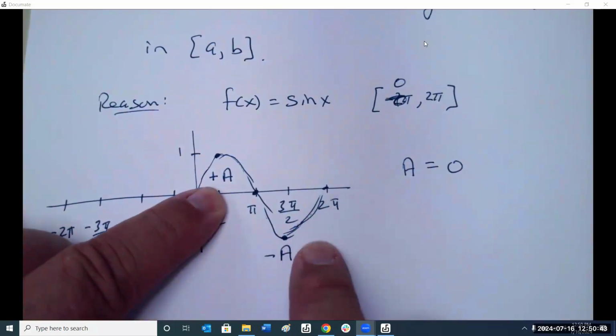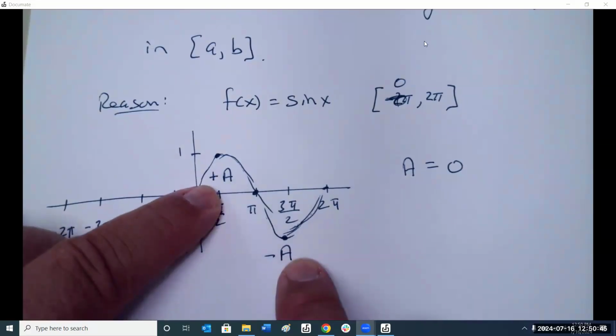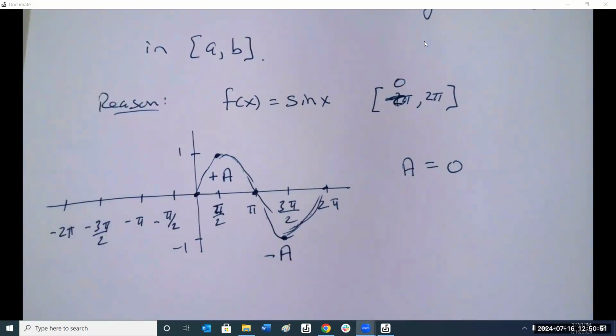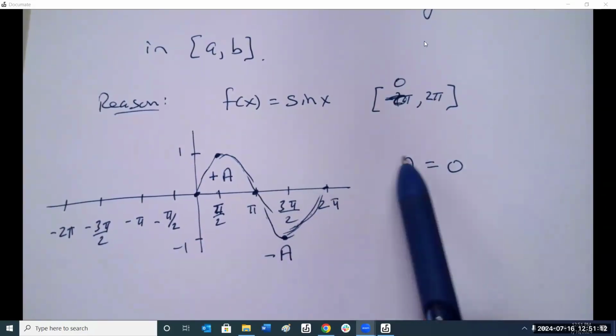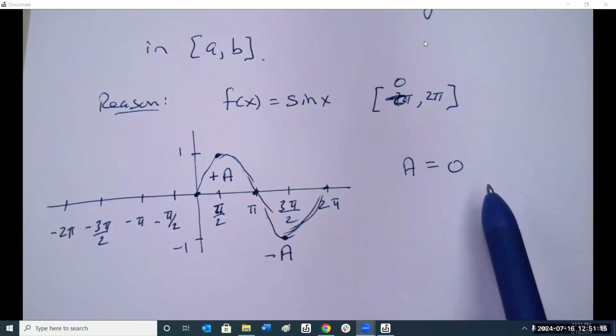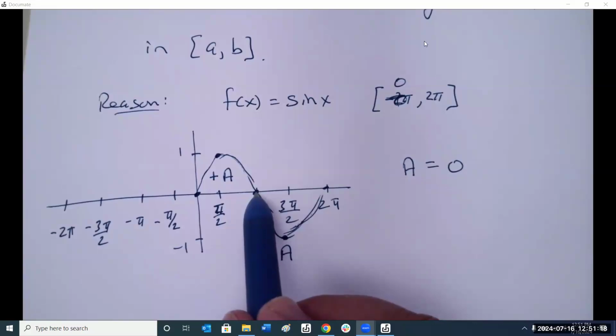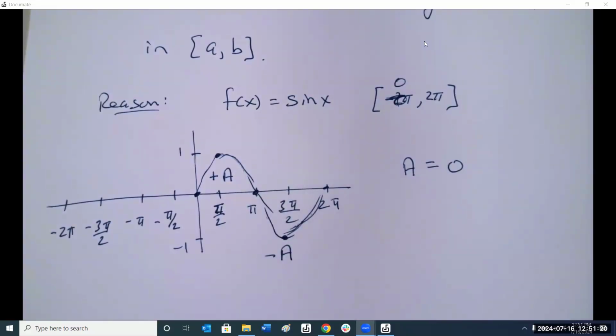They're both the same size. So when you add positive and negative of the same size, what do you get? 0. So if you come up with an area of 0, that means you have an x-intercept somewhere along the line where the two sides are equal.